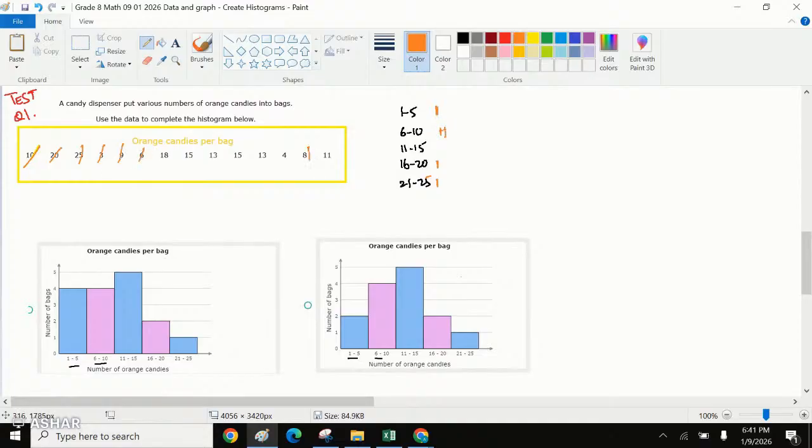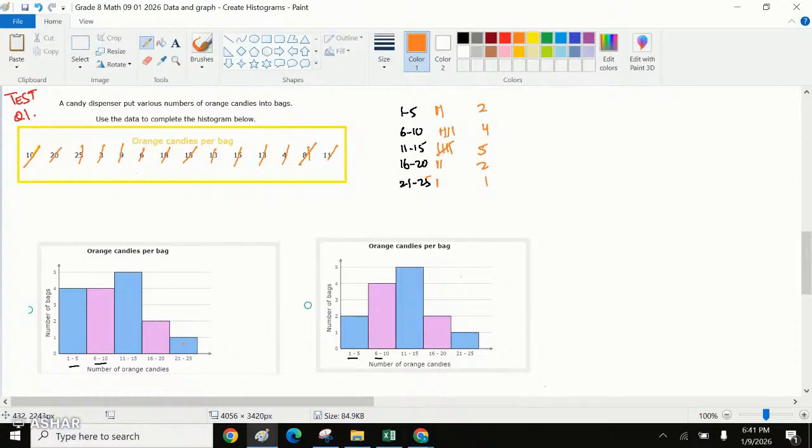6 had one marking, 18 had one marking, 15 had one marking, 13 had one marking. We have 4, we have 8, and we have 11. So can we say there were 2, there were 4, there were 5, there were 2, and 1?